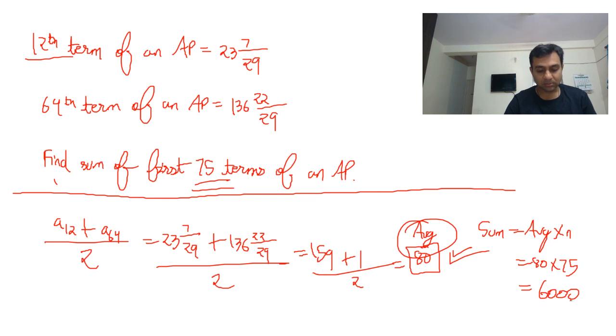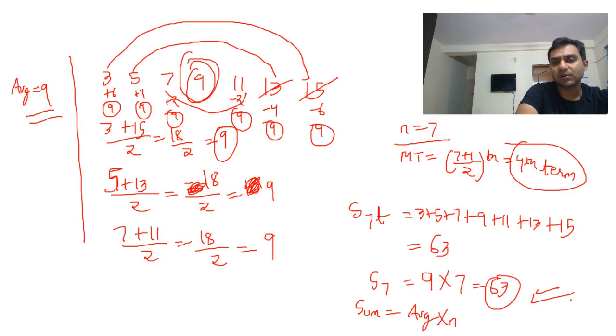Now what if it is an even number of terms? Then all those properties that we have discussed, that the first and the last term, average of second and second last term, third and third last term, are all equal to the average of the entire group.